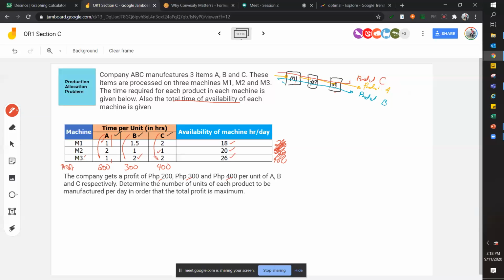Tama? Okay. So, 200, 300, and 400. So, ayan. And then, ang goal natin is maximize our profit.